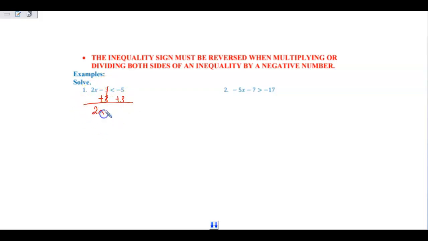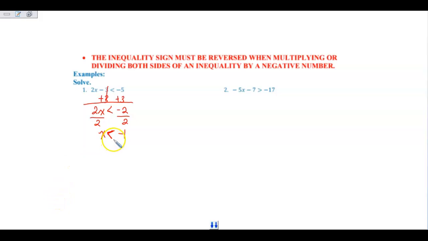So I have 2x by itself, I'm going to have my same symbol, and negative 5 plus 3 is negative 2. 2x is multiplication, so the reverse of that is to divide by 2. So x and negative 2 divided by 2 is negative 1. This symbol is going to stay the same because the number that I moved was positive. It was not a negative number, so it stays the same.